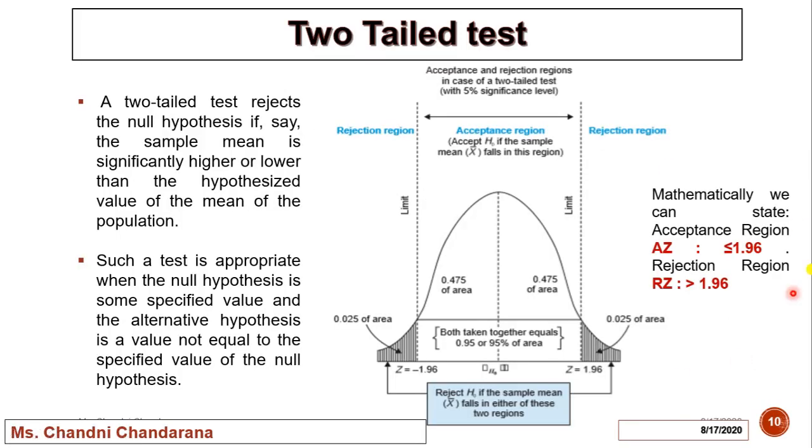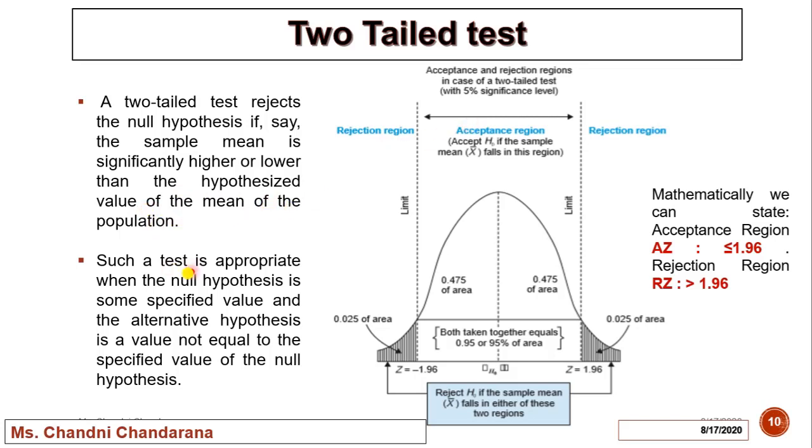Now first we will see the two-tailed test. What is a two-tailed test? A two-tailed test rejects the null hypothesis if the sample mean is significantly higher or lower than the hypothesized value of the mean of the population.